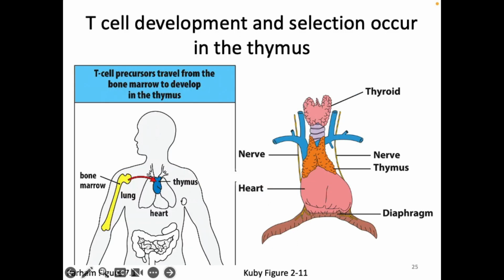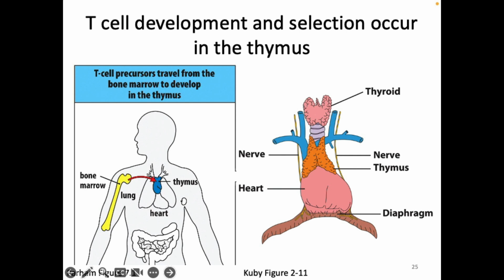And one of those things is that T cell development and selection, so our central tolerance induction as well as all of the developmental stages, happen in the thymus, not in the bone marrow.